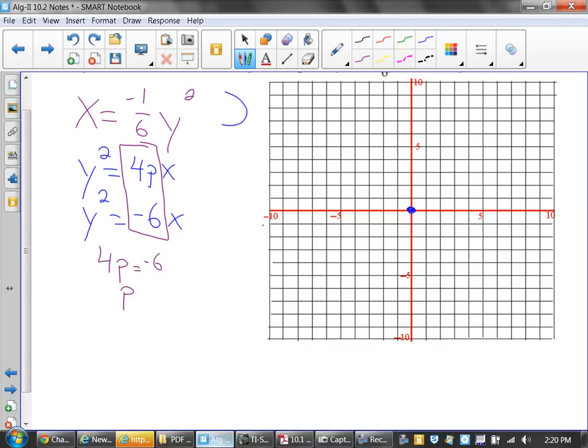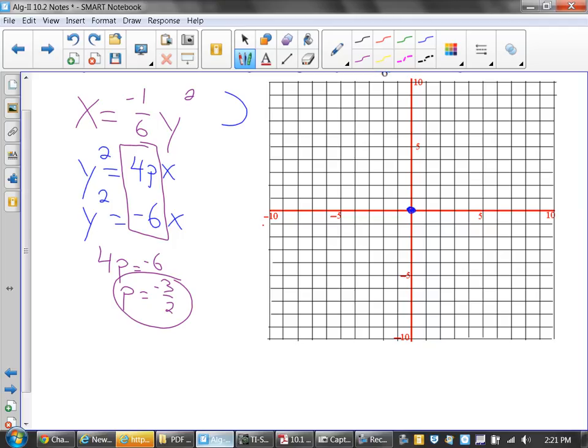And that gives you a p-value of negative 3 over 2. I just took the 4 out of negative 6 and did 4 times negative 3/2 x. So now I know that the p-value is negative 3 over 2.